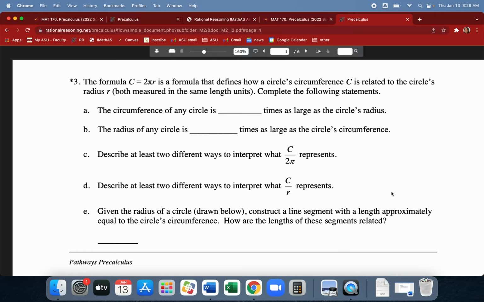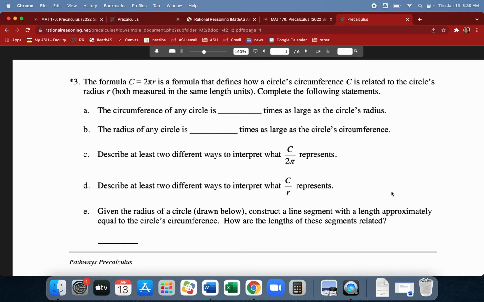Alright, so then question B, the radius of any circle is blank times as large as the circle's circumference. 30.5. What was that? 30.5 times. Yeah. Let's see, radius and circumference. I think you're thinking radius and diameter. Yeah. So radius and circumference, same kind of idea though. So it's the same two pieces as we had in part A, but just stated in the other order.